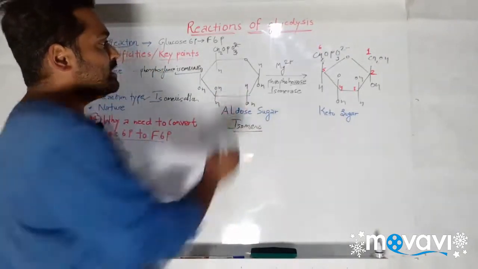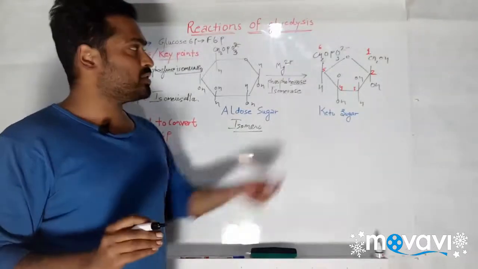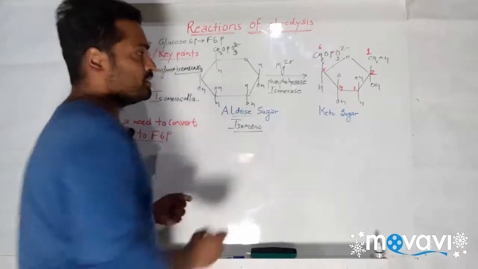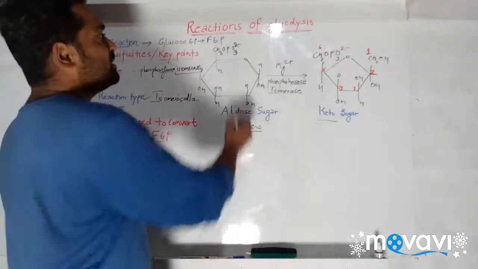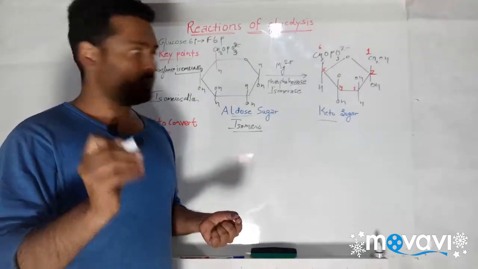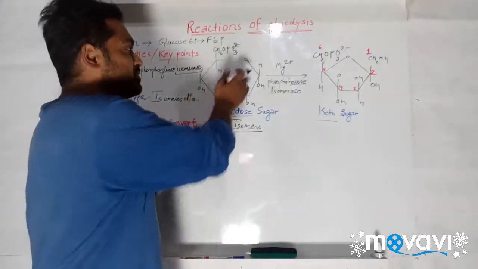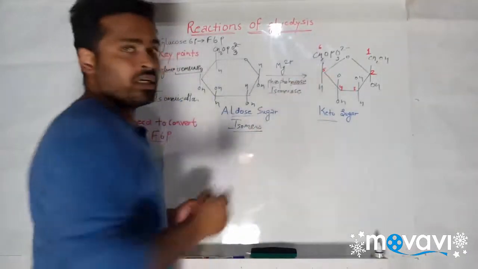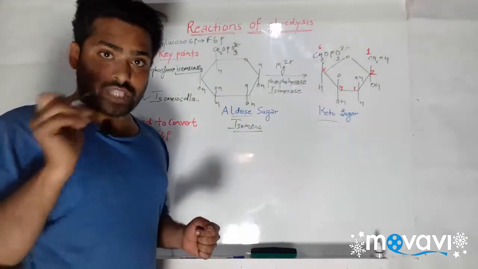You can see here, this is also a 6 carbon sugar, this is also a 6 carbon sugar, but the difference is this is aldose sugar and this is keto sugar. The aldehyde group, that is the carbonyl group, is present on the first carbon atom. If we break this structure into the open chain structure, you can see that clearly. In this case, the carbonyl group is present on the second carbon.